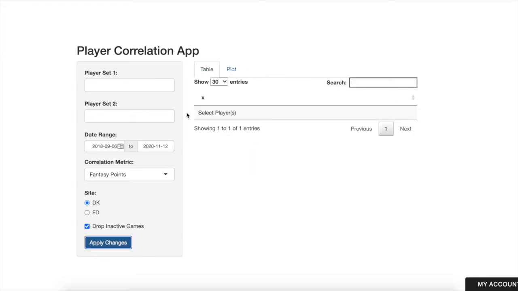So another example of a correlation use case is studying how inactive players are likely to impact the performance of other players. Most recently, there was an instance where Tyler Higbee was ruled inactive, and I was curious to see what players stood to benefit from Higbee's absence. And conversely, I think you could study what players, when inactive, Higbee tended to benefit from.